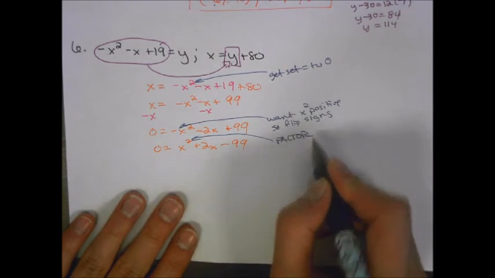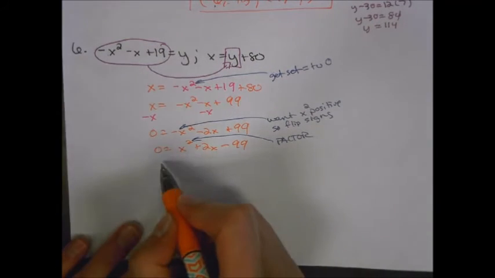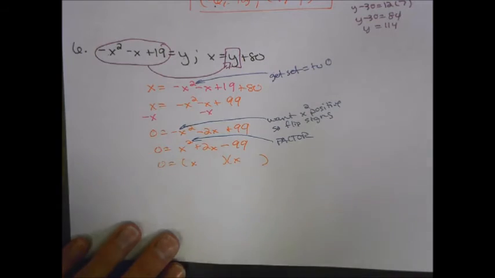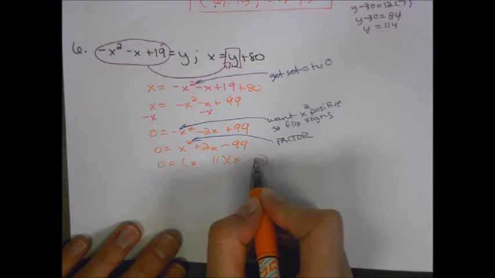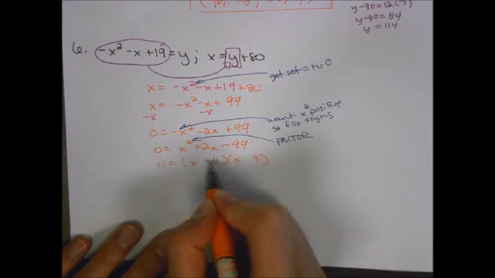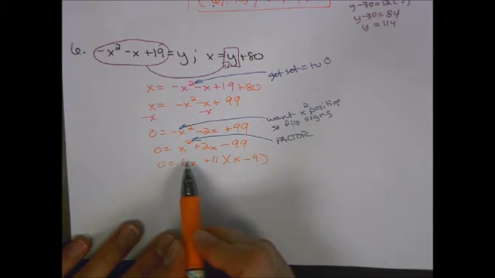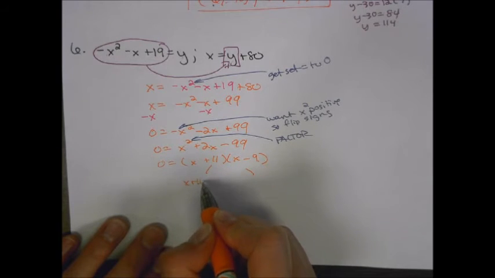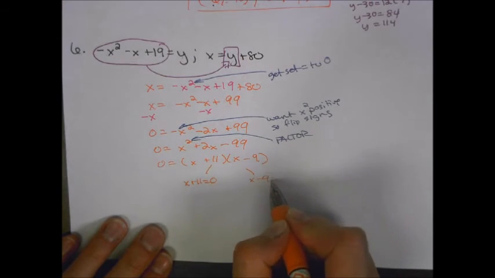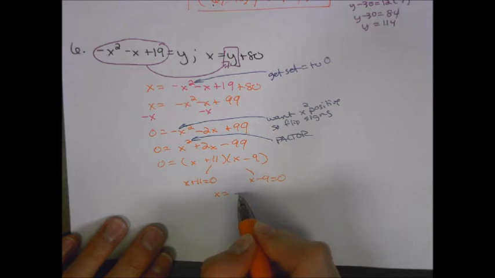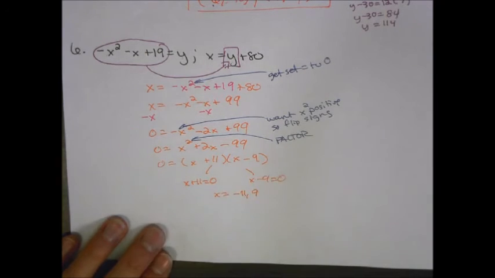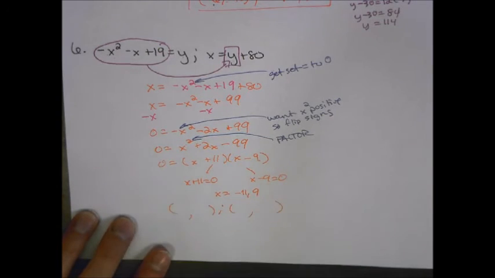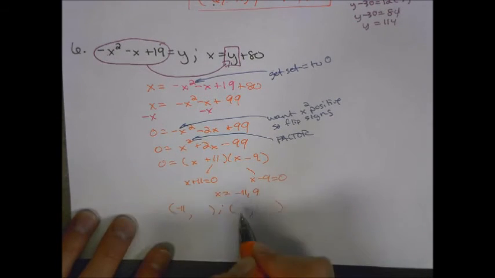Can we factor? 0 equals x. Let's try 11 and 9. Positive 11, negative 9. 11x minus 9x gives 2x. Set them equal to 0. I get negative 11 and positive 9. So let's set up our answer. Negative 11, positive 9.